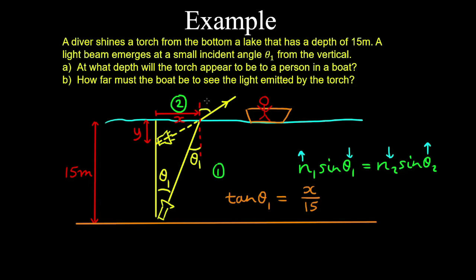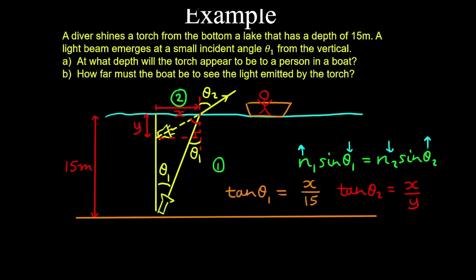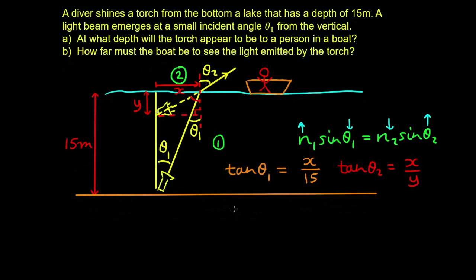So given this is the refracted angle, by geometry, this angle is equal to this one. So therefore tan theta 2 is equal to x, which is the length of this edge of our right triangle, over the adjacent edge. So if we divide these two expressions, we get tan theta 1 on tan theta 2 is equal to y on 15.